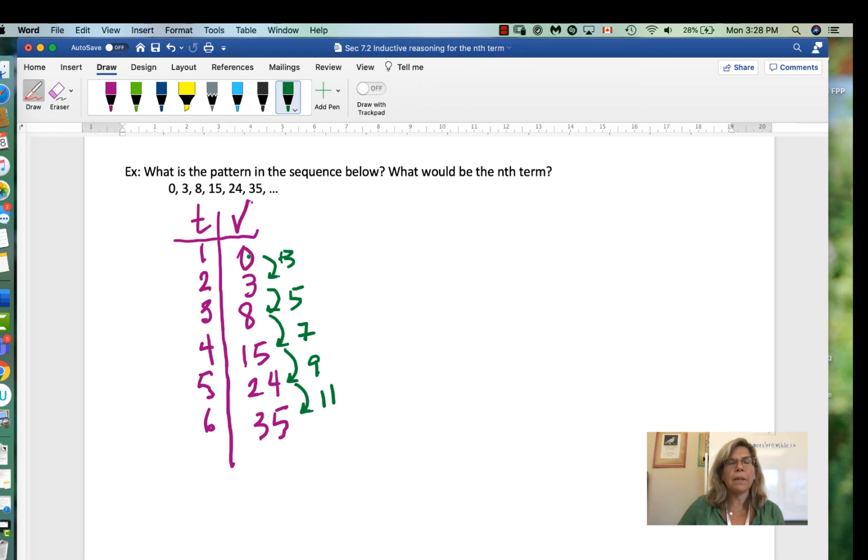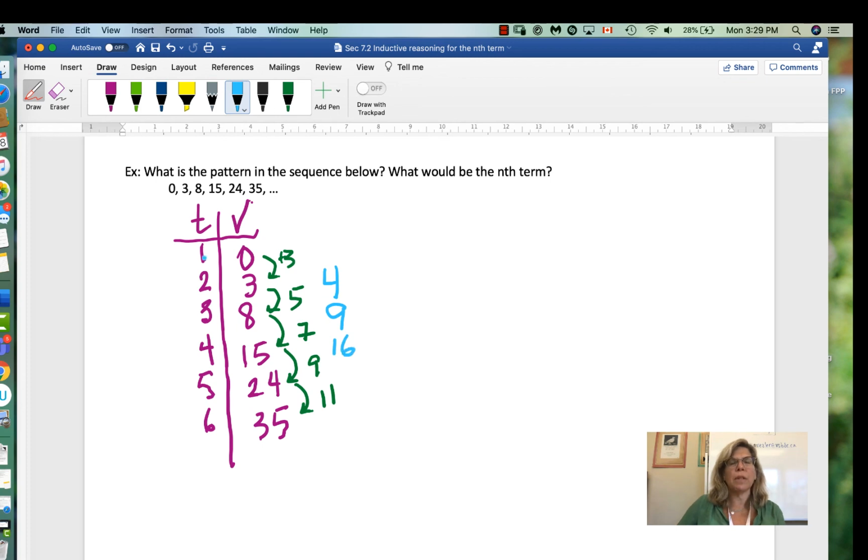But the other thing, if you sort of stand back from it for a second, is to ask, what's 2 squared? 2 squared is going to be 4, and 3 squared is going to be 9, and 4 squared is 16.